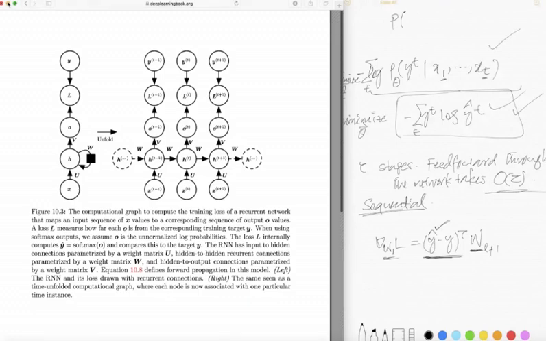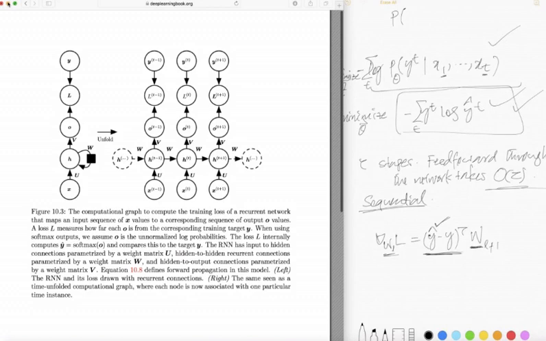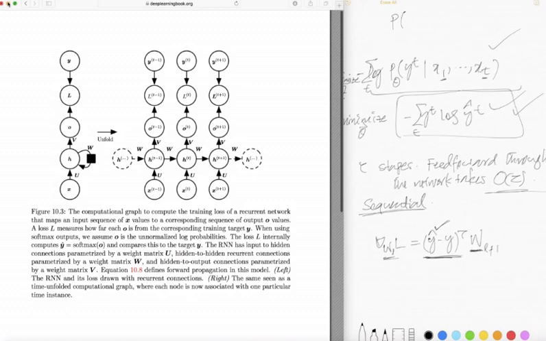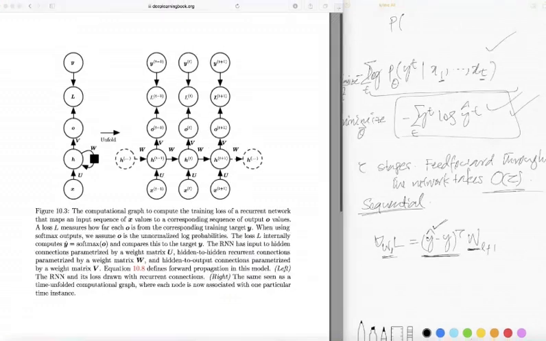So this is going to be problematic, not problematic, but it's going to slow down the training process. To train for W, I really need to go and back propagate through all of these stages.